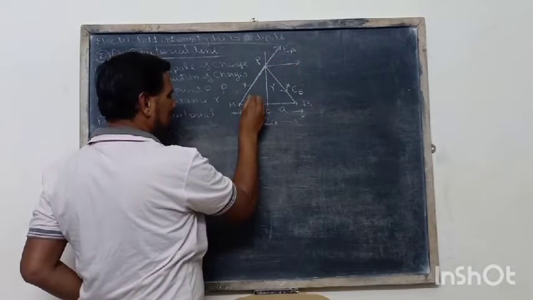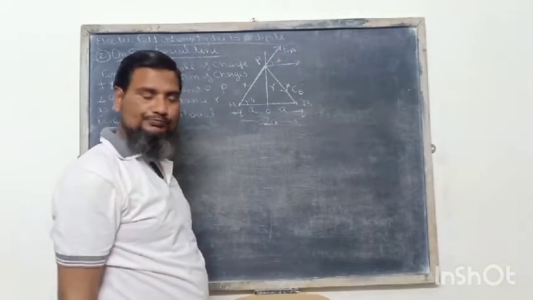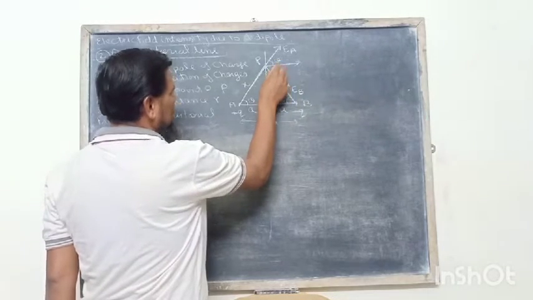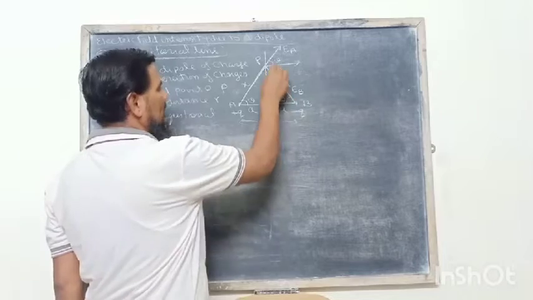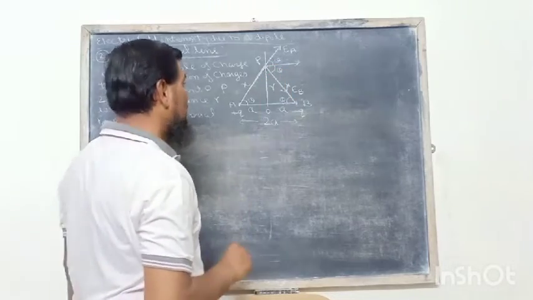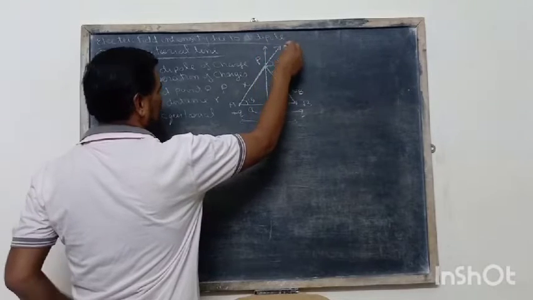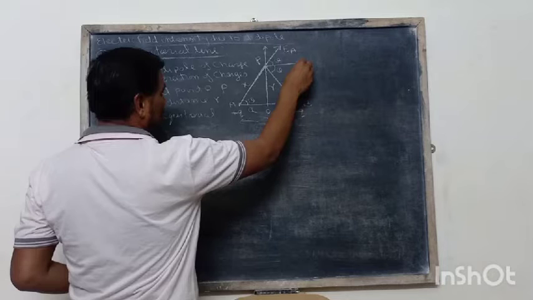If this angle is theta, then this angle will also be theta. And if this angle is theta, then this angle will also be theta. These are the corresponding angles and these are the alternate angles. Now we resolve the electric field intensity EA into components.